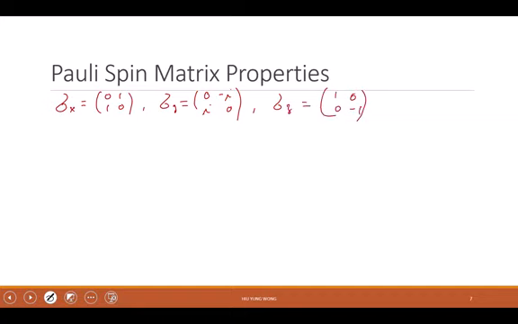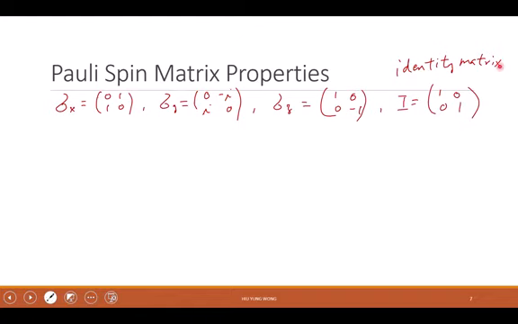This is diagonal. Now I want to introduce another matrix. What is this? This is just the identity matrix. It means that it's just like the 1 in our multiplication. You multiply this matrix to any vector, it returns the same vector.